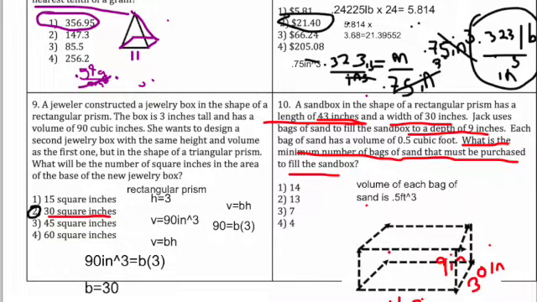So 11,610, I'm just going to rewrite it, times 1 foot cubed over 1,728 inches cubed.